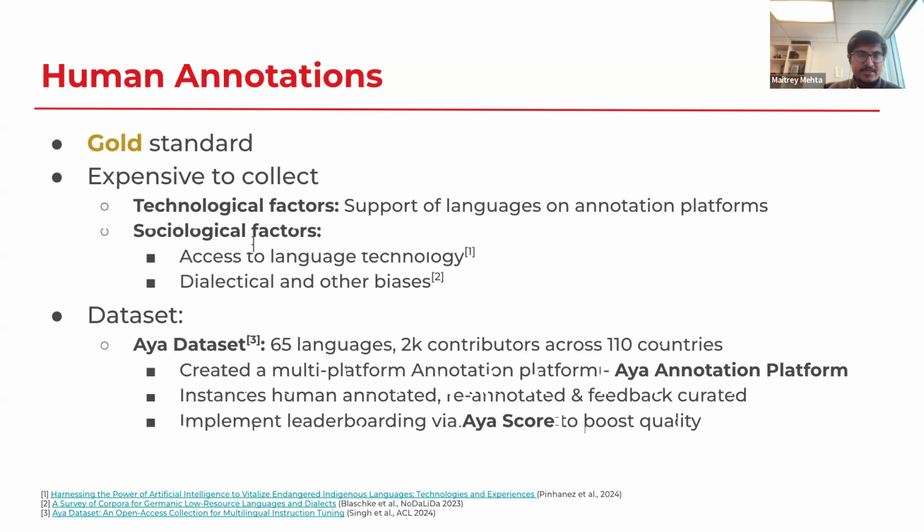So far, only one data set has made this possible. This was Cohere's Aya dataset. It spans 65 languages, and it was curated by around 2,000 people, based out of 110 different countries. And it's really impressive what they went through, because they had to create their own annotation platform. They call it the Aya annotation platform. This is public right now. They followed a 3-step pipeline where they asked the humans to annotate data.